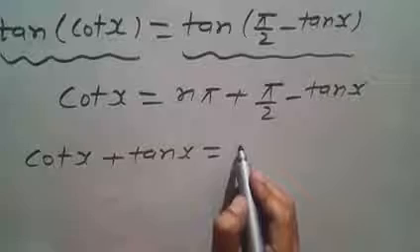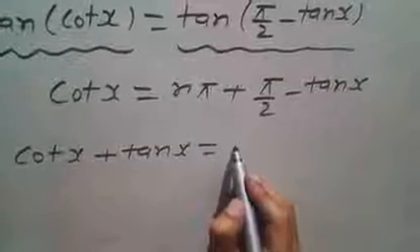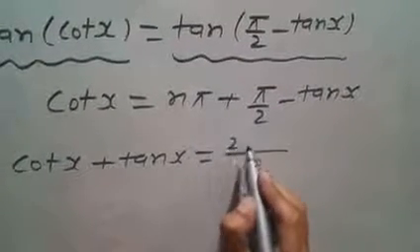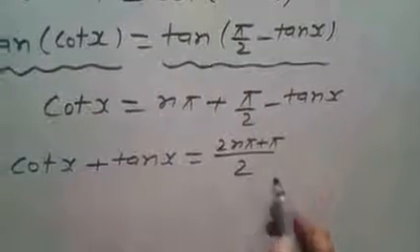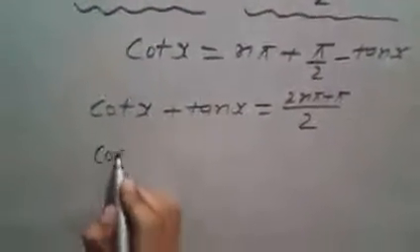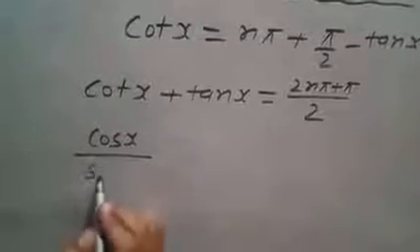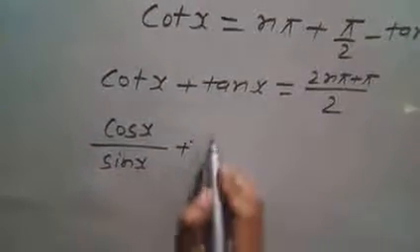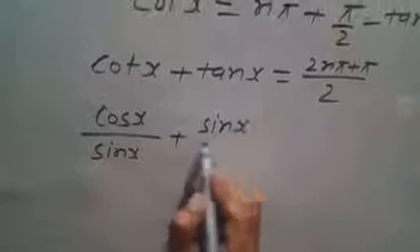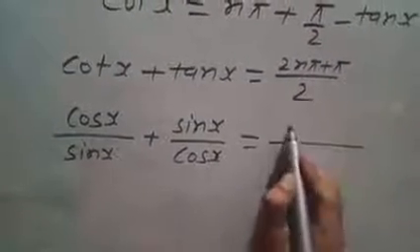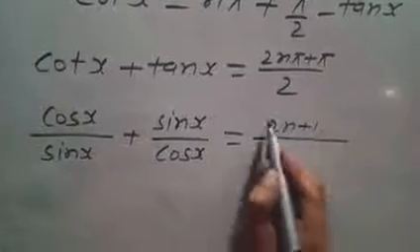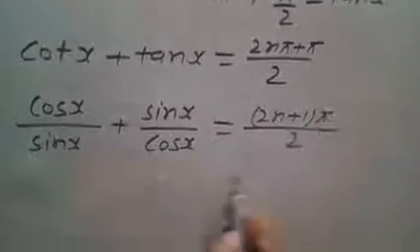Now here we can take the LCM, so 2n pi plus pi. Now here we can write cot x as cos x upon sin x, and tan x can be written as sin x upon cos x. In the numerator on the right, if we take pi as common, so 2n plus 1 pi by 2.